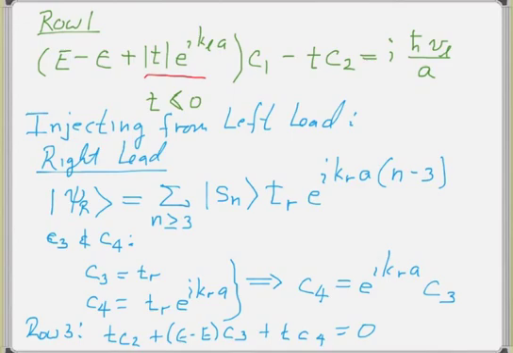So I need to substitute this in for C4 there. That's my initial equation for the third row, which couples to the right lead. So I'm just going to substitute in this e to the i k_R a C3 for C4, and I get a truncated equation for the third row of the matrix.